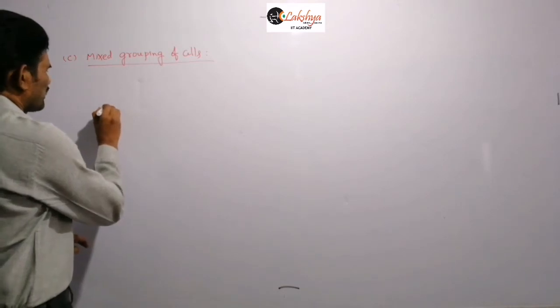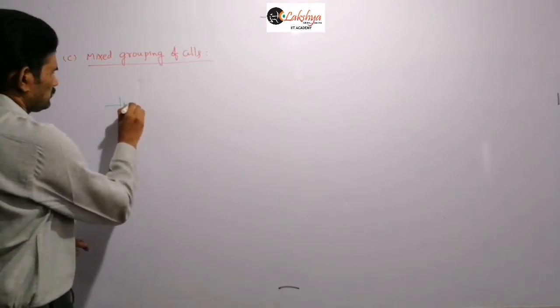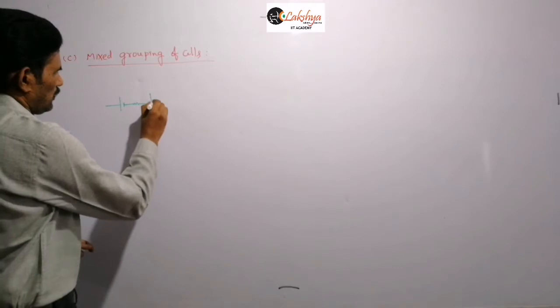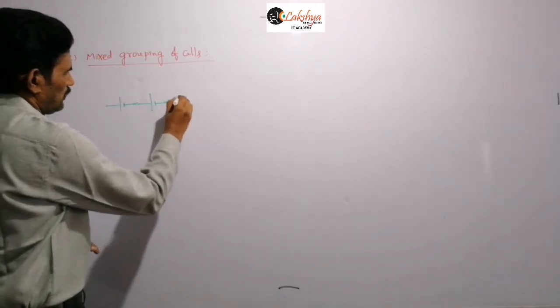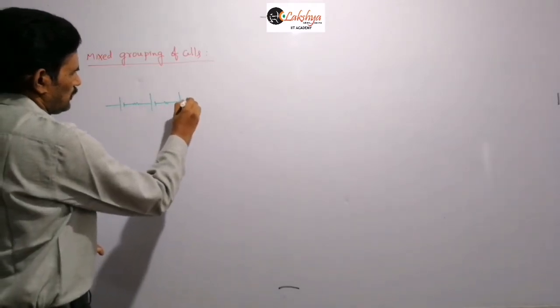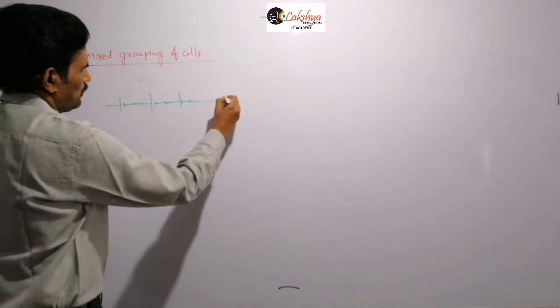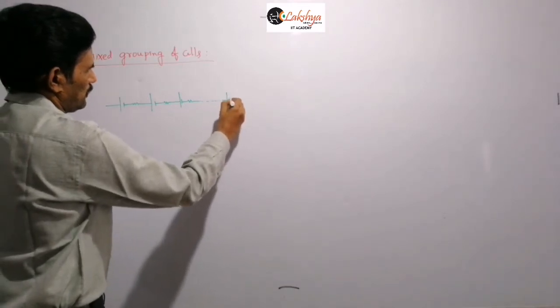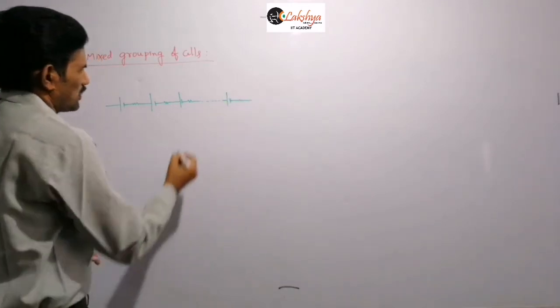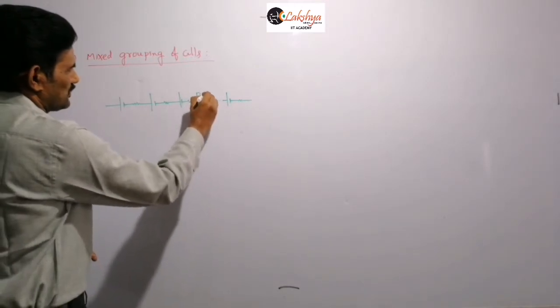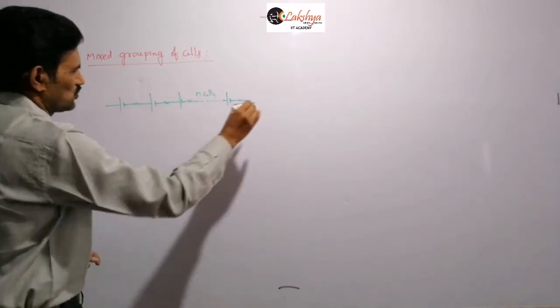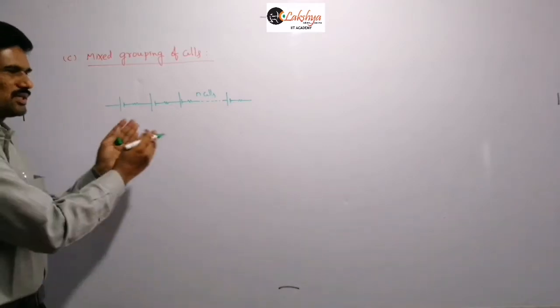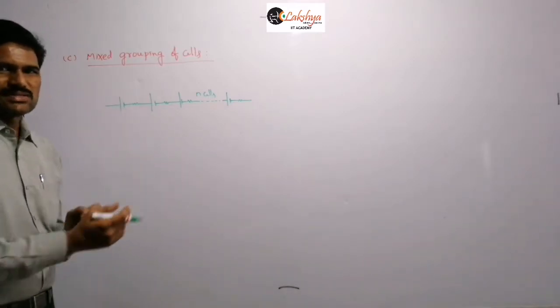Suppose I am taking the circuit like this. Such n cells are there in each row, right? It means we are taking a row in which n cells are there.